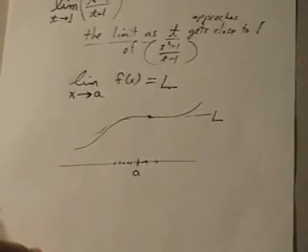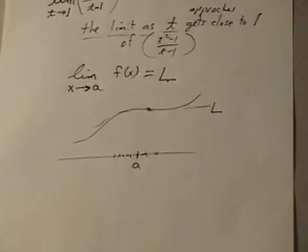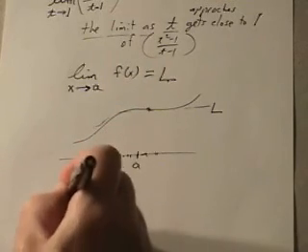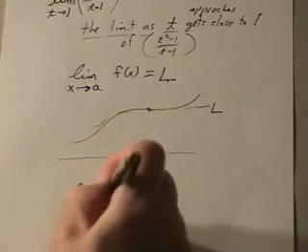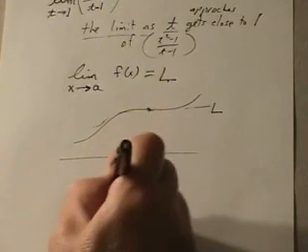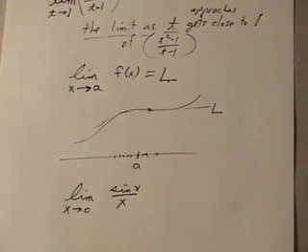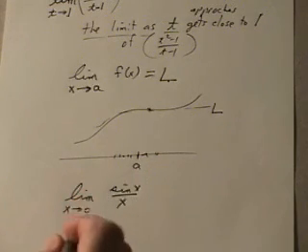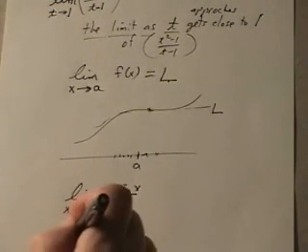Let me give you one more example that we'll look at a lot in the lab and at other times. A very, very important example. What do you think happens to sine x over x as x gets close to 0? In case you've forgotten, here's the graph of the sine.